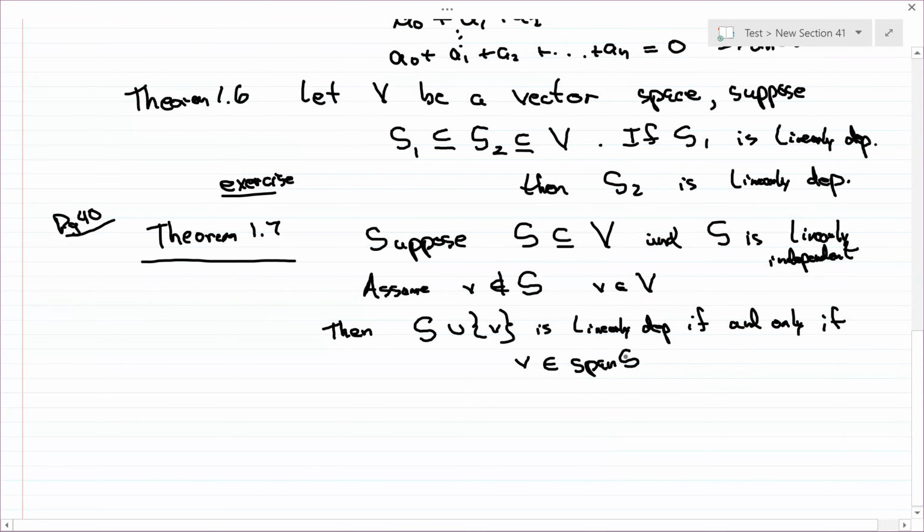Well, remember what the span is. Let me pretend I know what's in S. For example, if S had just 3 vectors in it, u1, u2, u3, then what does it mean for v to be in here? It means that v is equal to a linear combination of these guys.